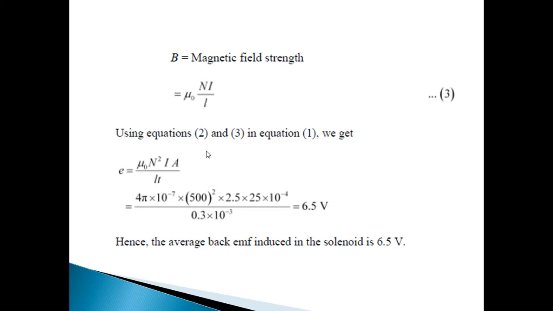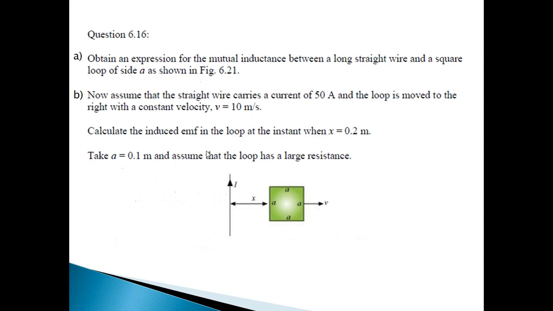Magnetic field strength is given by the formula mu naught N I by L. Mu naught is permeability in free space, N is the number of turns, I is the current, and L is the length of the solenoid. So when you make the substitutions, we get E equal to 6.5 volt. So the average back EMF induced in the solenoid is 6.5 volts.